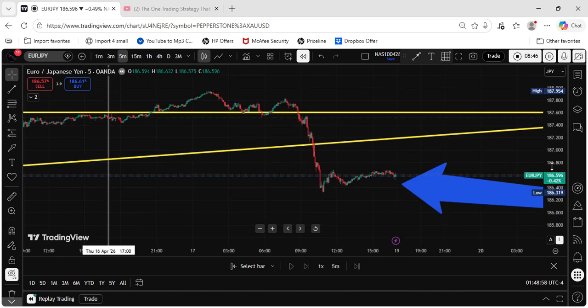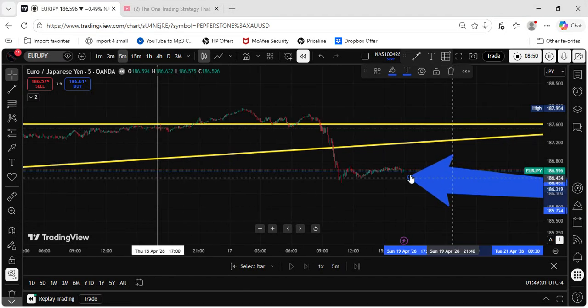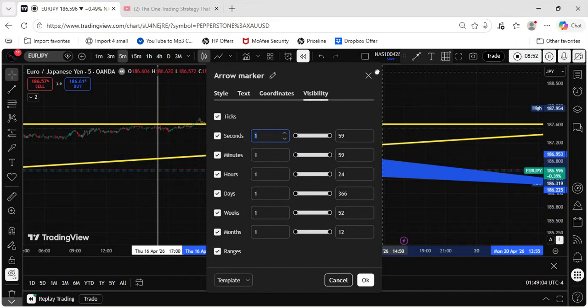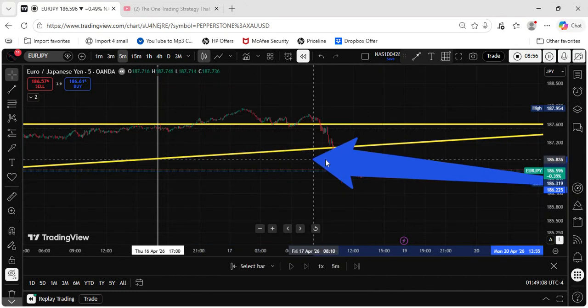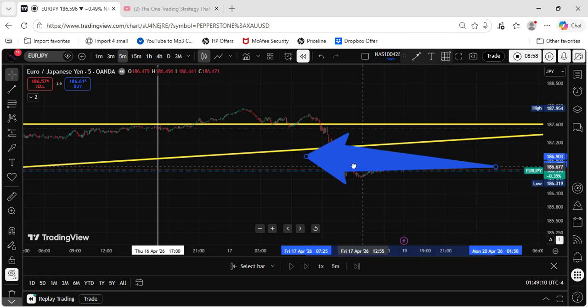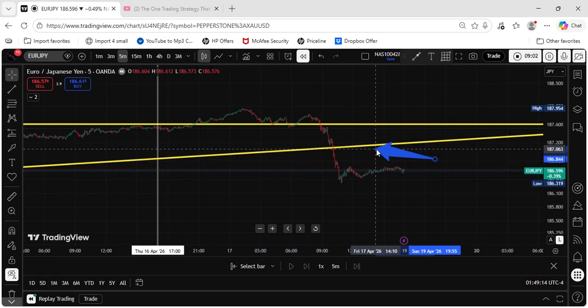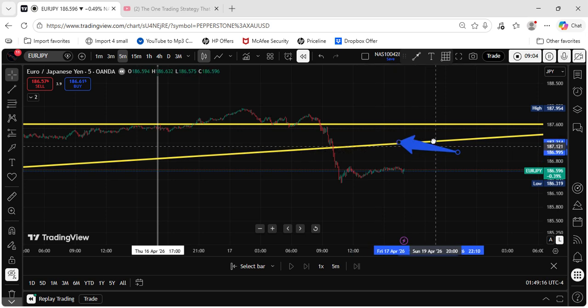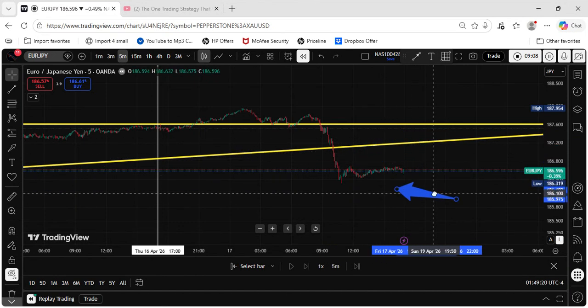Well, what else are we seeing on this timeline? We got our break, right? And so price has been coming down the whole time, but guess what? I think it's exhausted the move. So it's gonna come back and retest the resistance area up in this area.